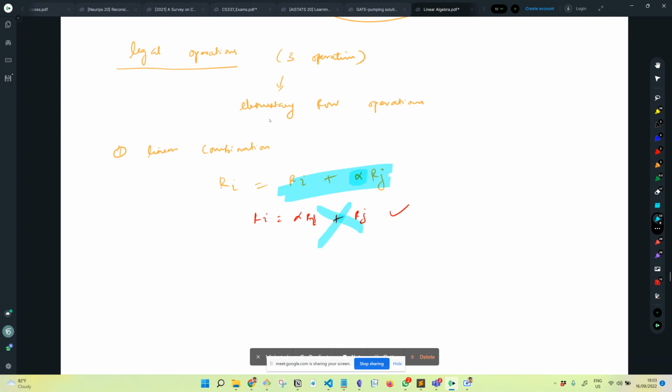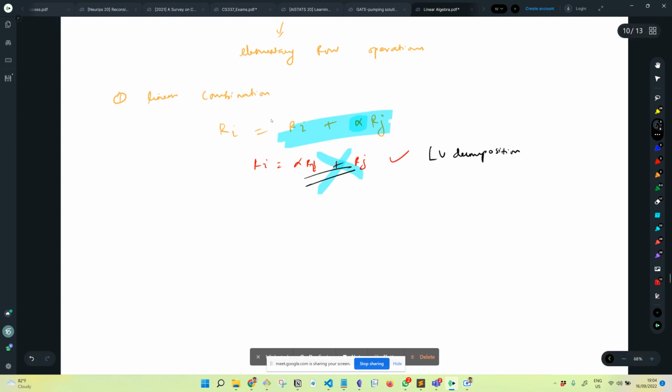There's nothing wrong with the other, but we'll try to avoid it. Why will we avoid it? Because later we'll see something called LU decomposition. If you obtain RREF following only such operations, then LU decomposition is straightforward, right? That is why I restrict to operations of the form Ri plus alpha times Rj.